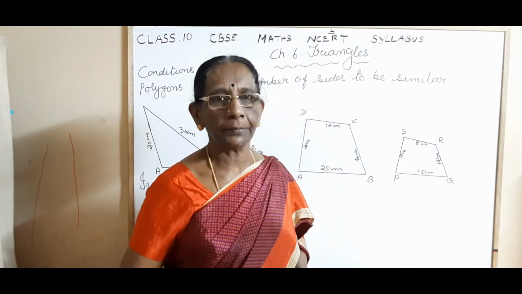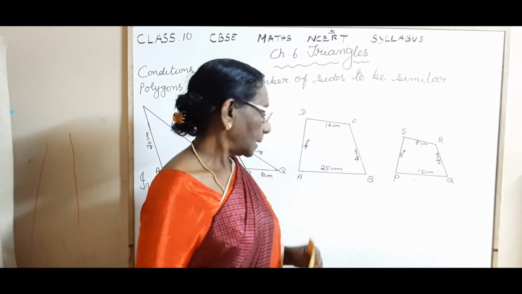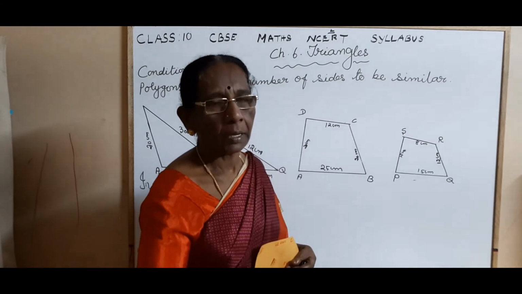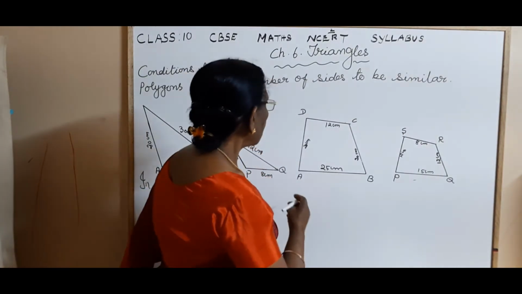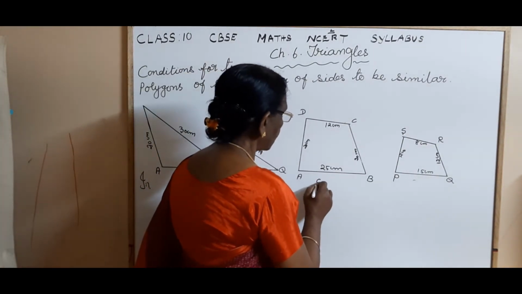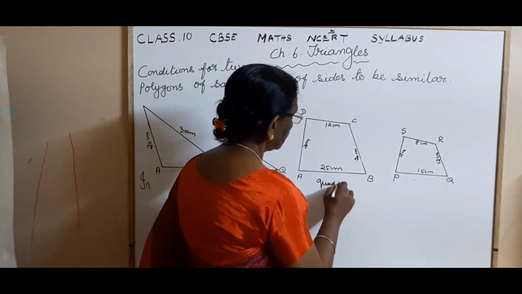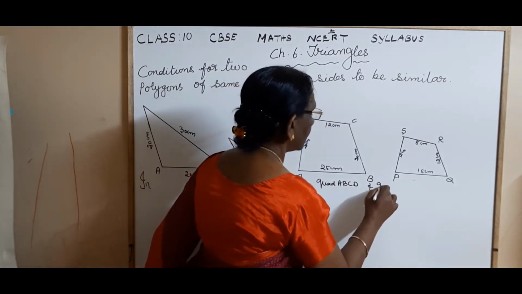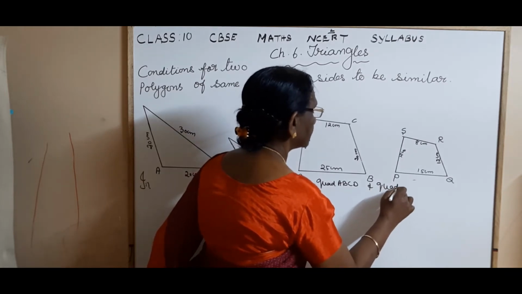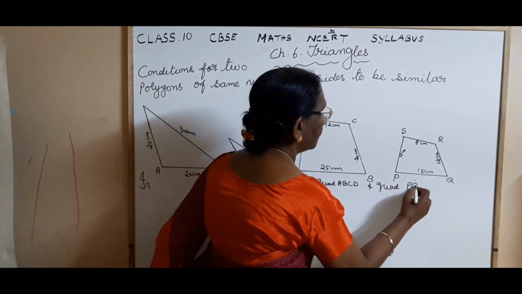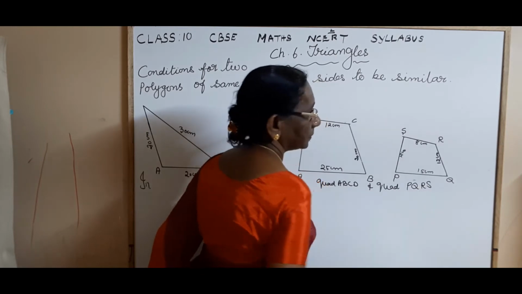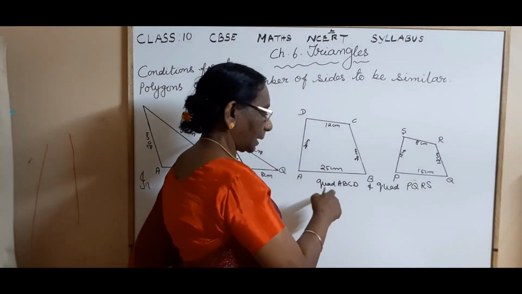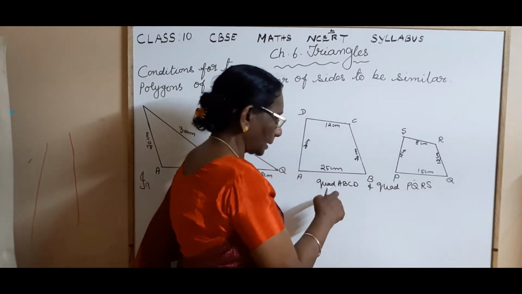Now let us check for the quadrilaterals. A, B, C, D, P, Q, R, S. Okay. So let me give the name as quadrilateral ABCD and quadrilateral PQRS. Okay. The corresponding angles, if I name like this, are what?